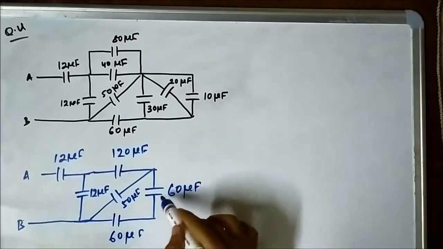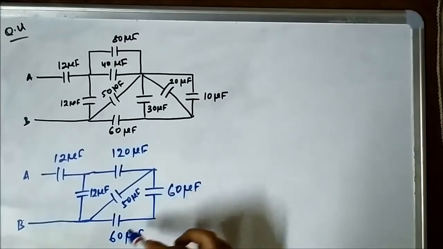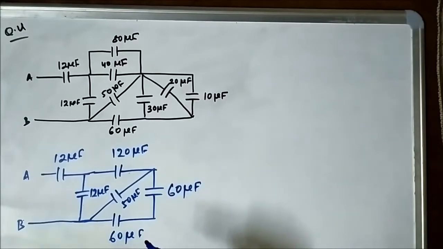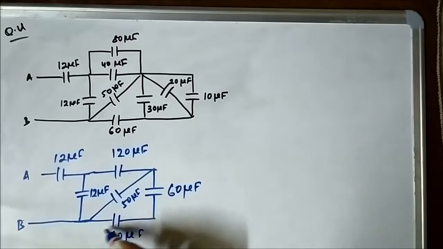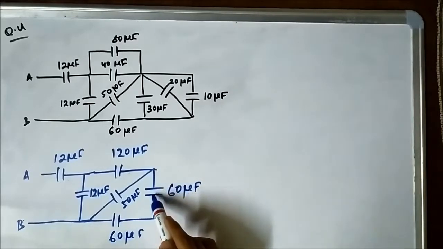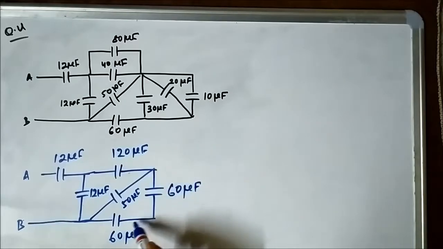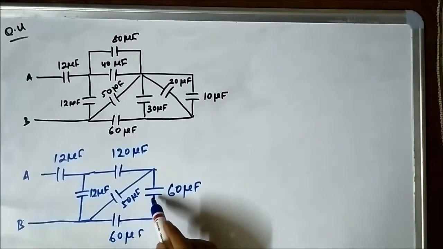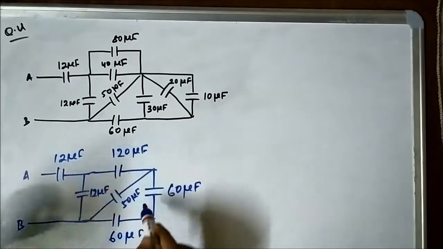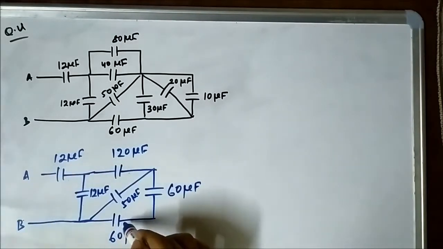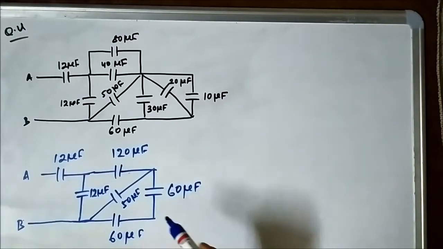Look at these two capacitors, this 60 microfarad and this 60 microfarad. They are connected in series. There is an end-to-end connection pattern. The right end of this capacitor is connected to the left end of the 60 microfarad.